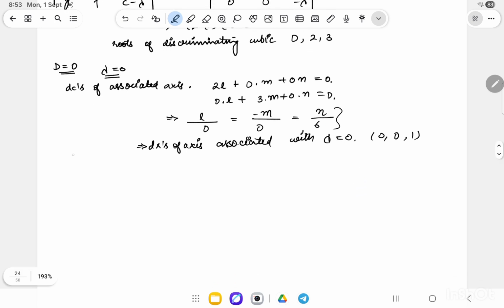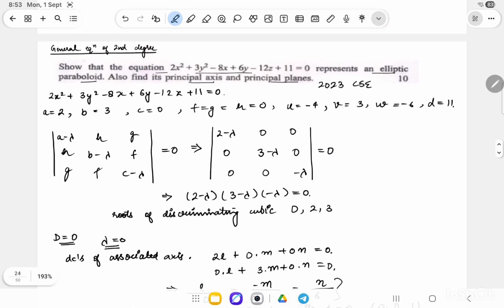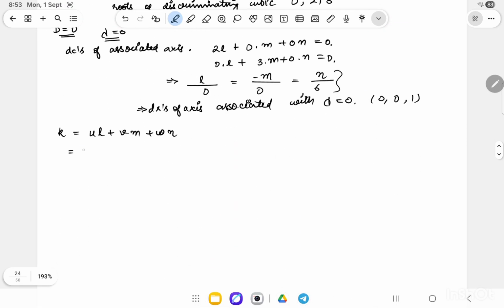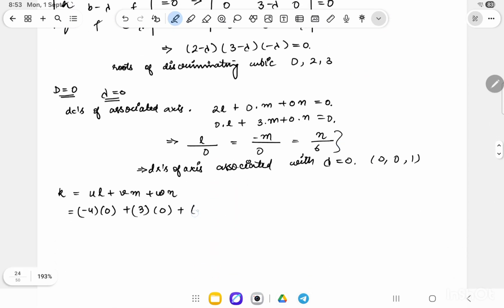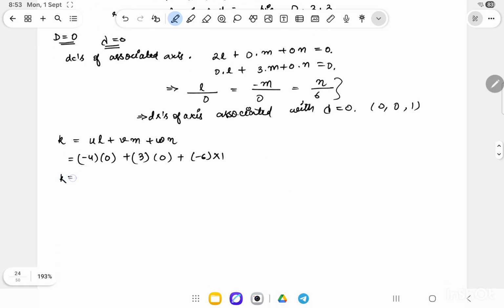My constant term k will be ul plus vm plus wn. That is, u is minus 4, l is 0, v is 3, m is 0, and w is minus 6, n is 1. So I got my constant term k as minus 6.